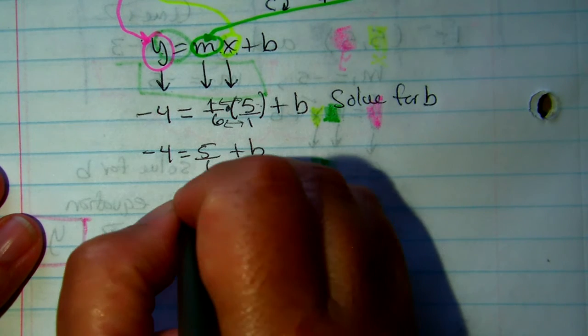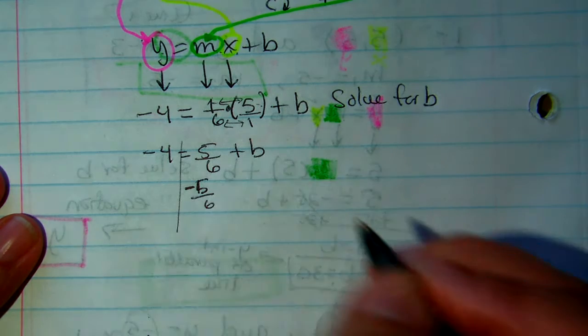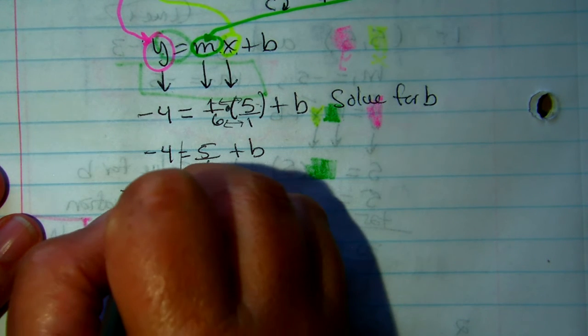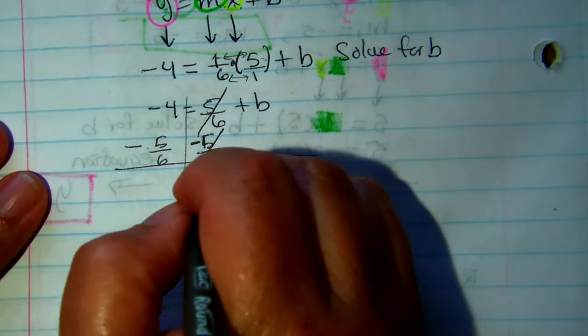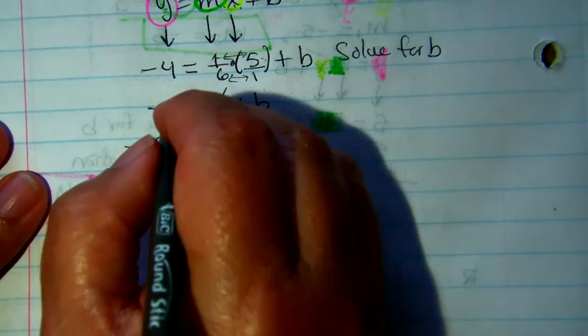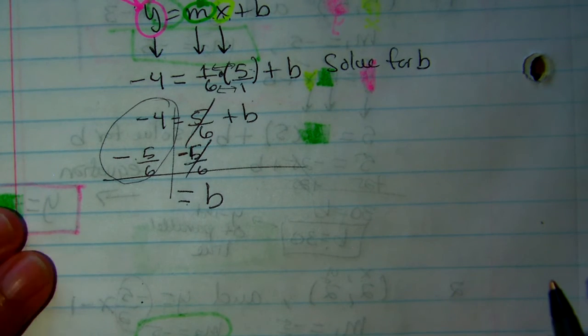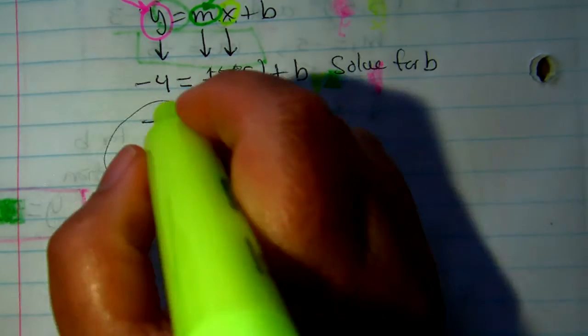We subtract 5 over 6 here, and we subtract also here, minus 5 over 6. These two cancel. I'm going to bring down the equal sign and the b. So we have to do this operation right here: negative 4 minus 5 over 6. I'm going to take this operation over here to the side.